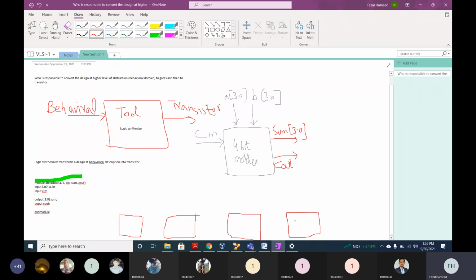This is the least significant bit adder, the LSB adder, and this is the most significant bit adder, the MSB adder, and all of these adders are 1 bit. Now if you look at a 1-bit adder, this is the block diagram of a 1-bit adder.